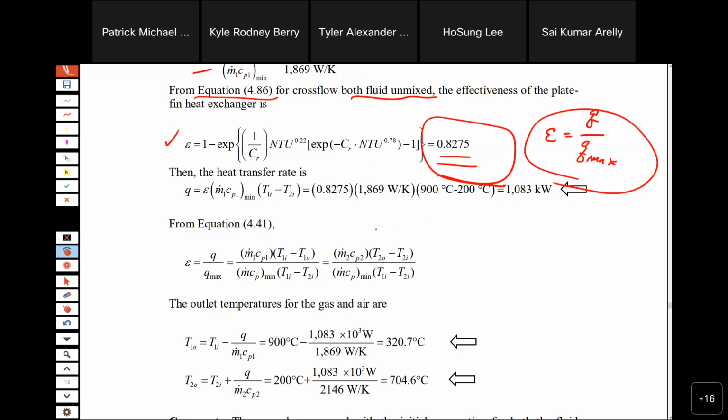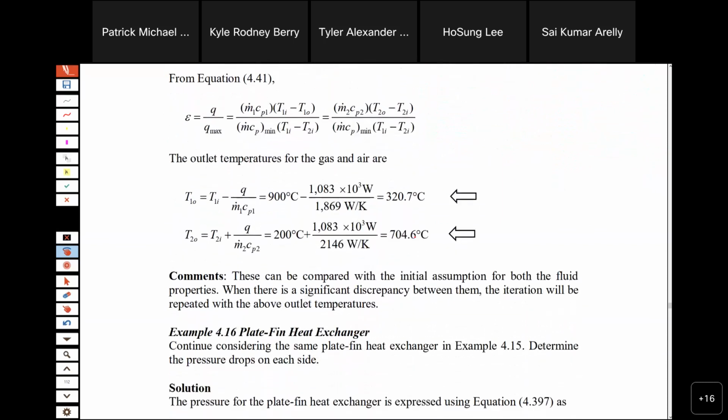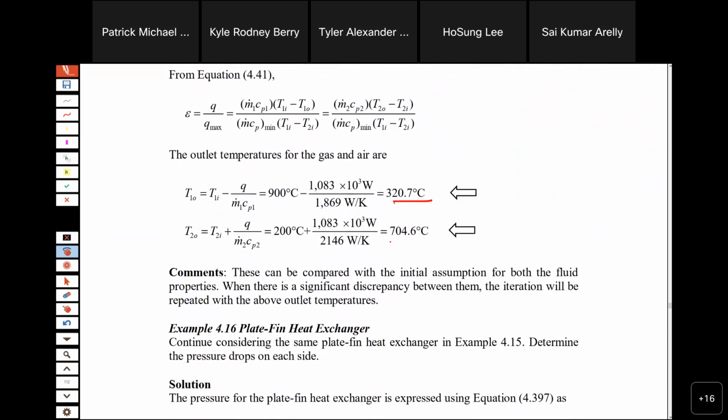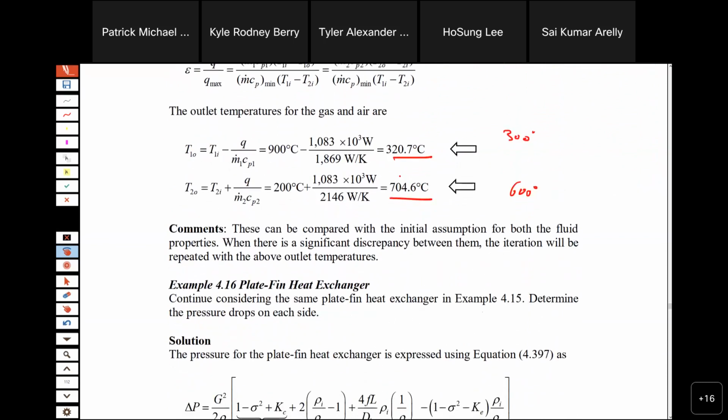And the outlet temperature turns out to be 320, 700. It's a little off. We assumed 600 and 300. I think this iteration is okay. Otherwise, you have to repeat.